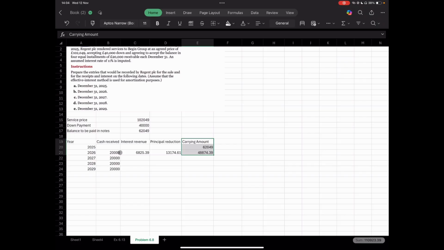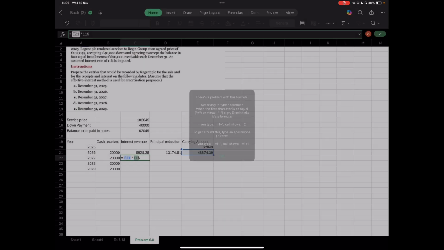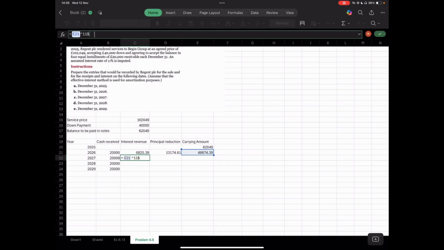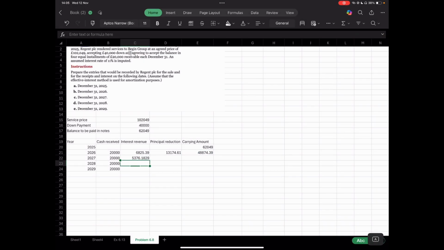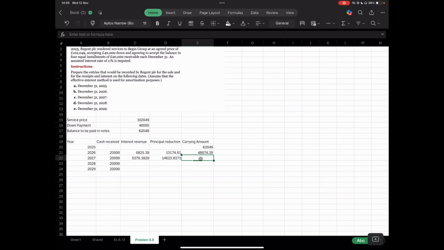Okay, so now we do the same thing with the rest of the table. We take the carrying amount multiplied by 11%. $20,000 minus the interest gives the principal reduction.